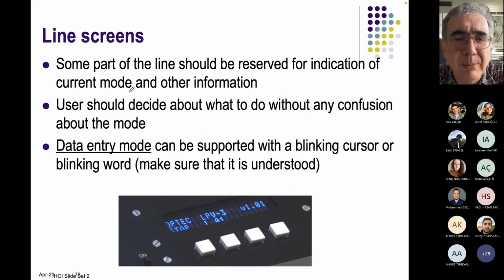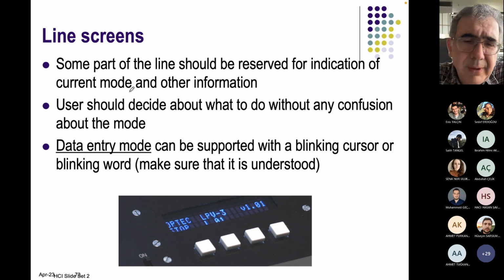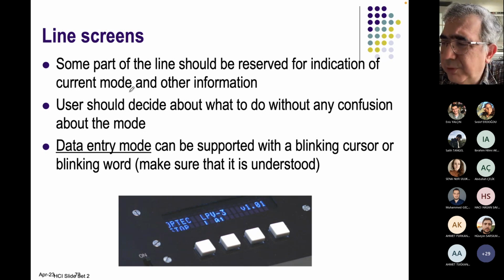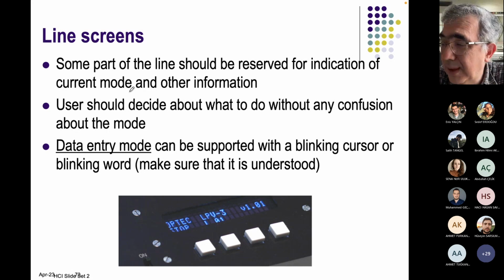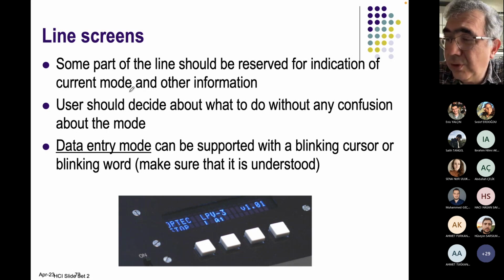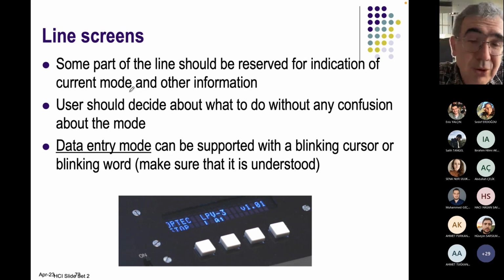Some screens are very small. There are only one line or two lines. When you have that kind of very small screen, some part of the line or some character should be reserved for indication of the current mode. It could be blinking, it could be changing to a symbol, etc. So other information. Users should decide what to do without any confusion about the mode.